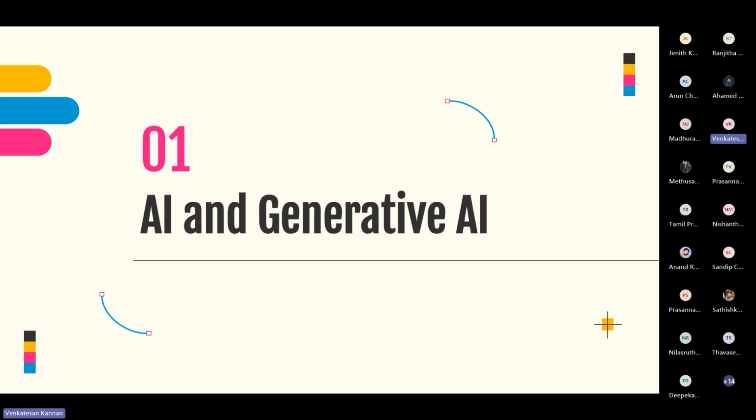So this is about artificial intelligence, and in that, what is generative AI? Generative AI is one of the branches of artificial intelligence that focuses on creating new original content such as images, music, text, even video using algorithms and machine learning techniques.